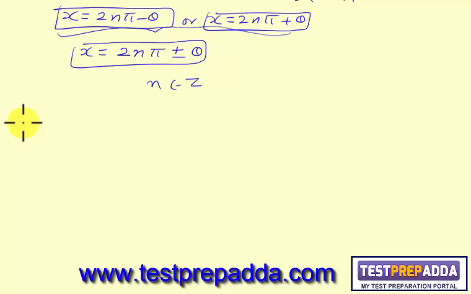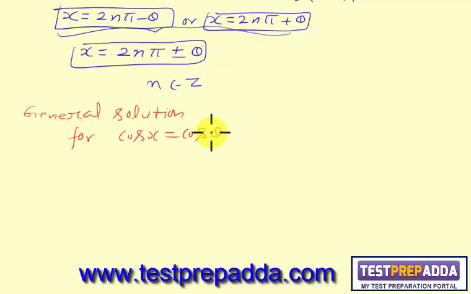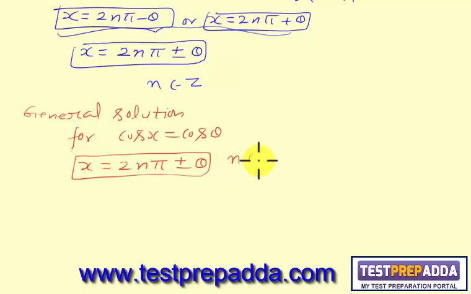Now the conclusion part. General solution. General solution for cos x is equal to cos theta can be written as x is equal to 2n pi plus minus theta, where n belongs to integers and theta will be taken from 0 to pi.